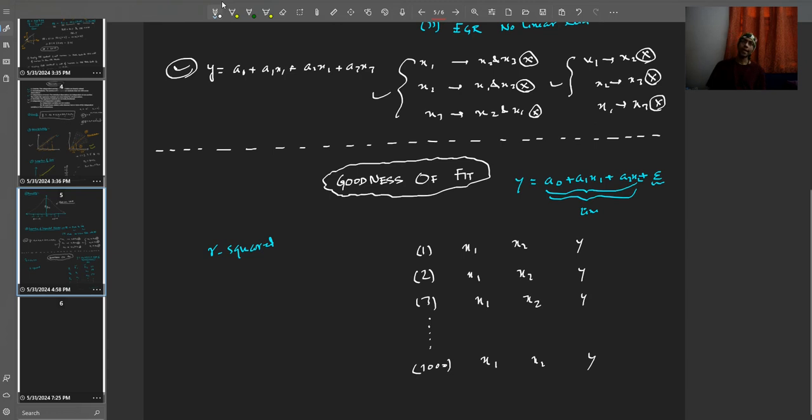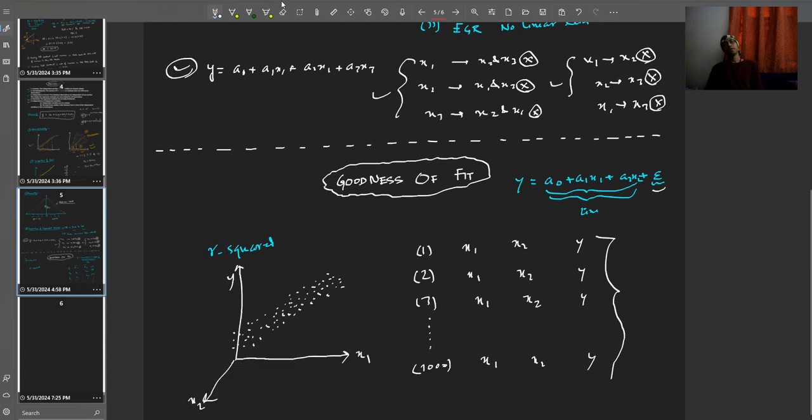Now, we have already said that without the noise part, what we are getting is the exact regression line. So let's say the data set looks like this. We have x1, we have x2, and we have the actual y values. And when we plot it, the 3D version looks something like this, let's say.